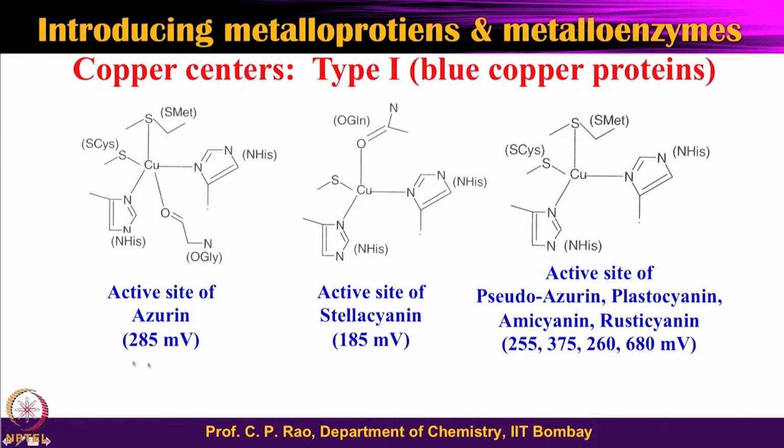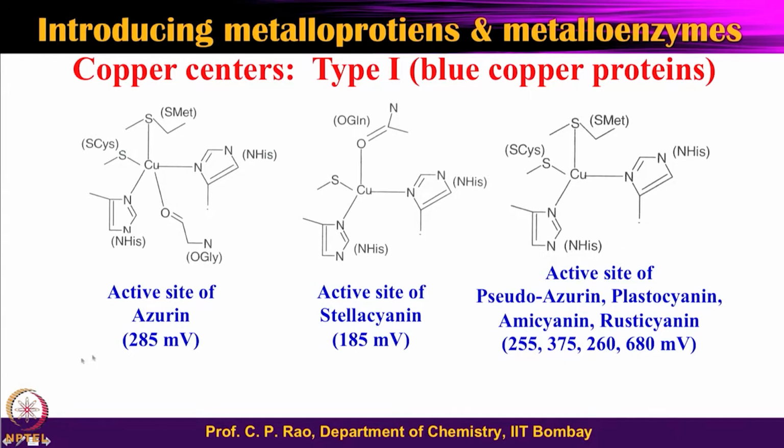So, azurin, and you see that the redox potentials are changing: 285, 185, 255, 375, 260, 680. The lowest here is 185, the highest is around 680, so the difference is about 500 millivolts. Changing the coordination alone is not sufficient, and the protein must also be making a contribution to the redox potentials.